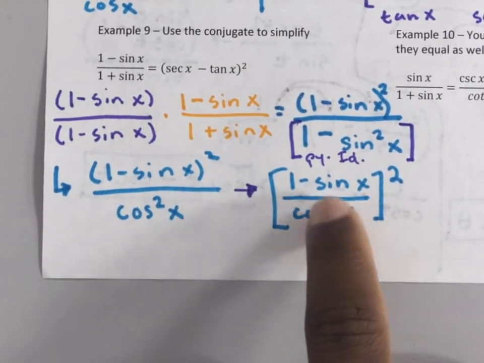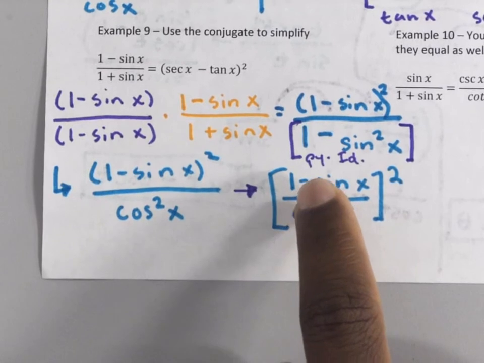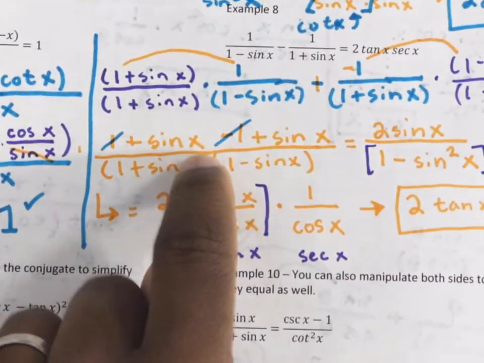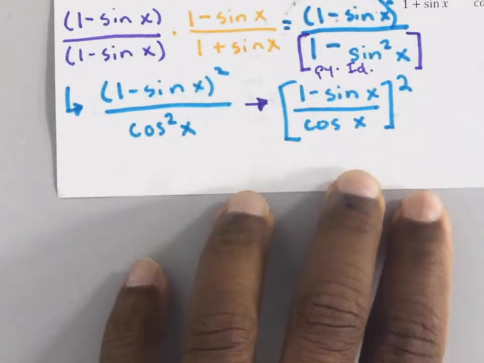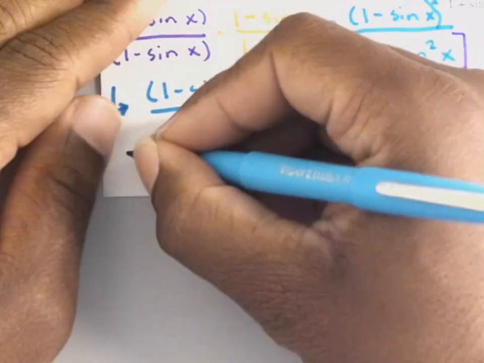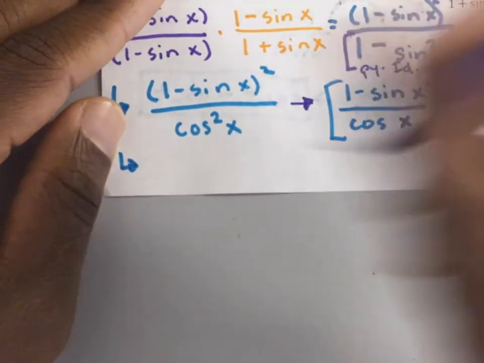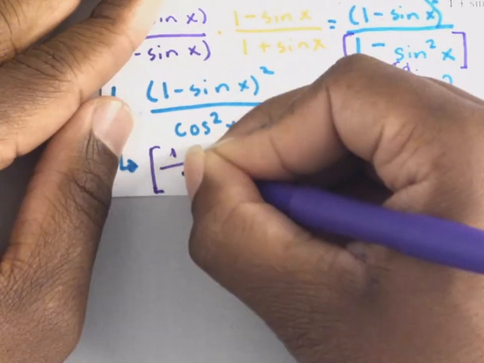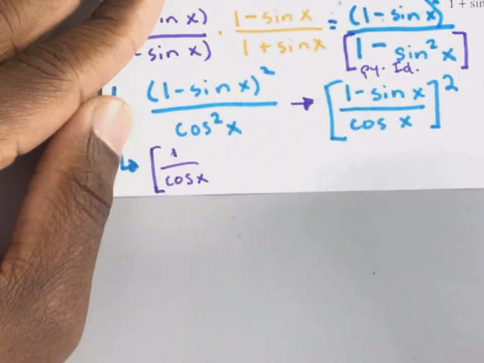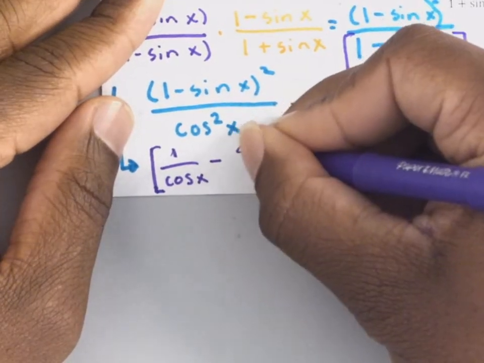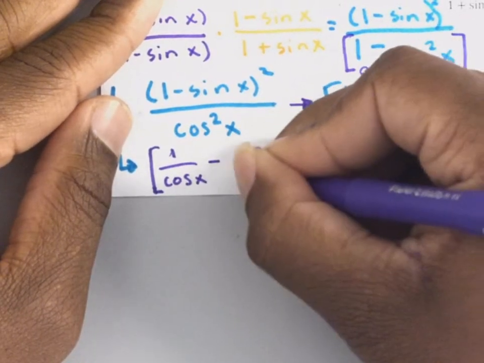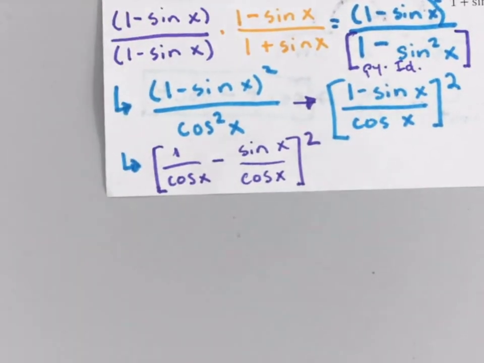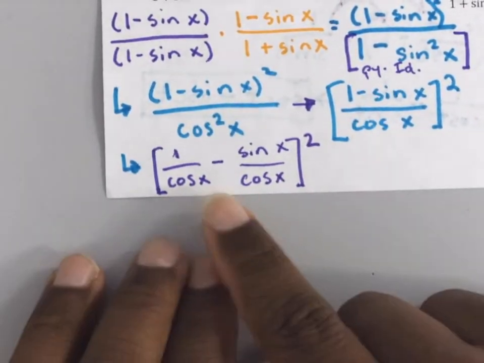Okay, so I'm going to write it separated. Like before, we started off with two fractions, and we made it into one. I'm going to go backwards and separate these into two so I can work with them individually. So I'm going to change my color so we can see the separation. First part I've got 1 over cosine x minus sine x over cosine x. So I just separated them so I can work with them individually.